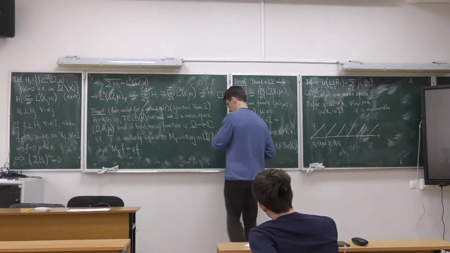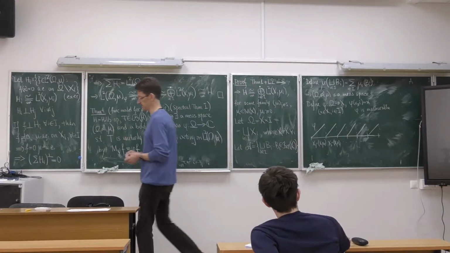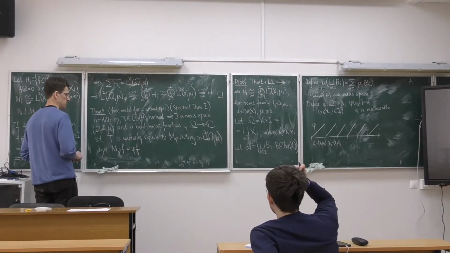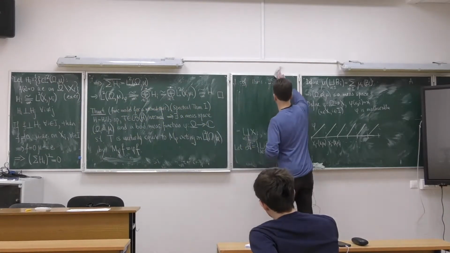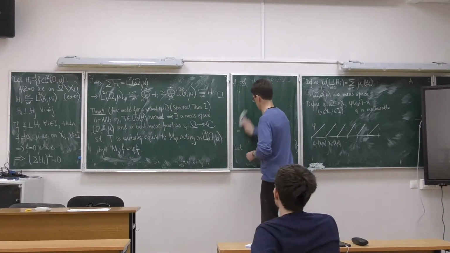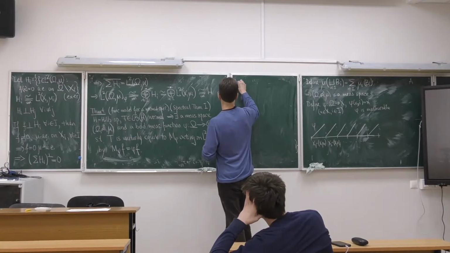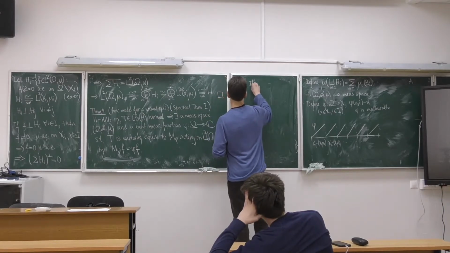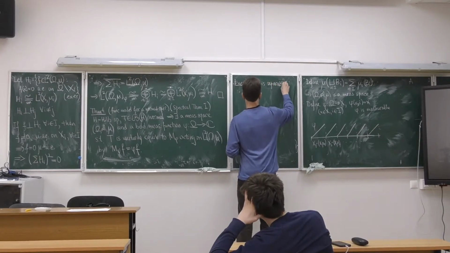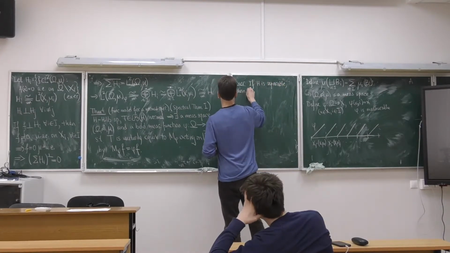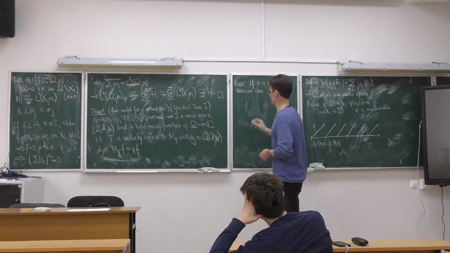In the general case, omega and mu is an arbitrary measure space, so I don't claim that it is finite, and I don't claim that it is sigma finite. But in the important special case where H is separable, we can say more, and this is a little exercise for you. If H is separable, then for omega we can take just the real line.